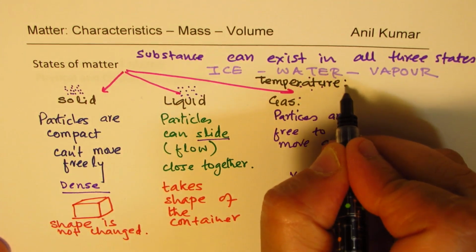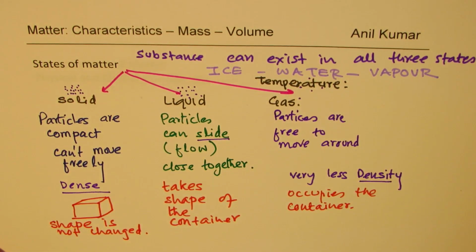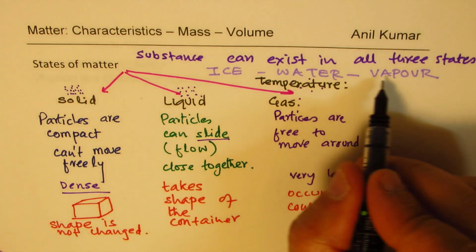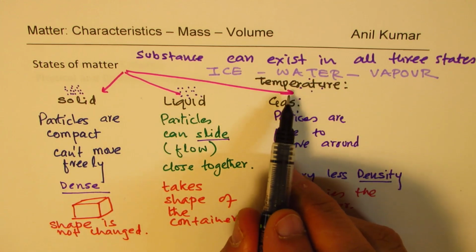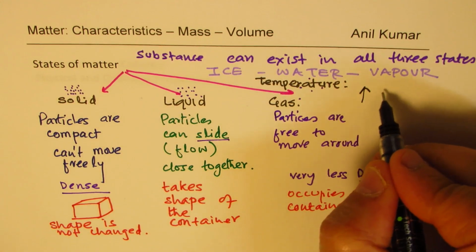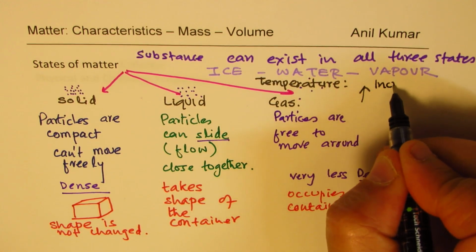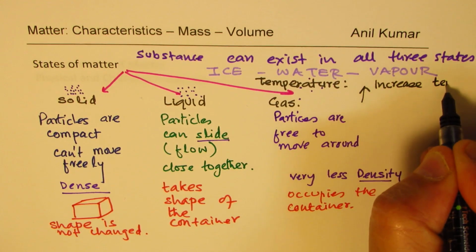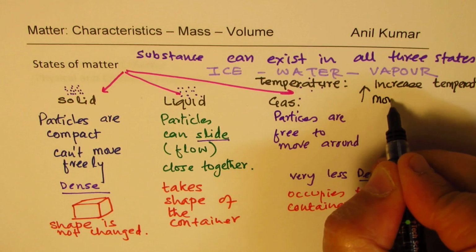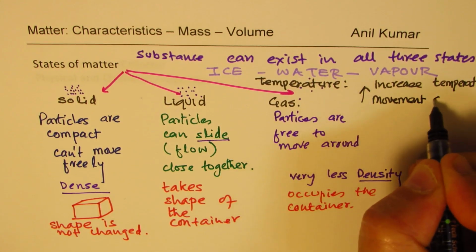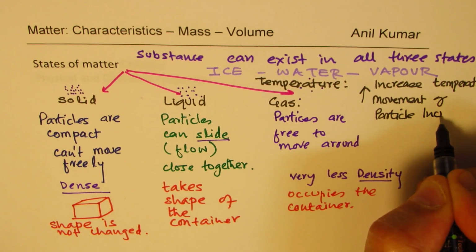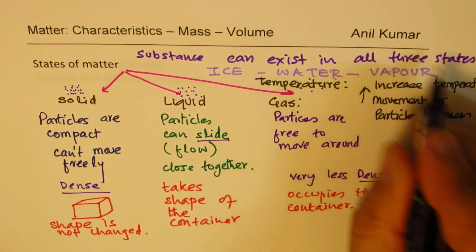So when you go through the video on properties of particles, you will understand temperature brings about this change because if you increase the temperature, particle movement increases, right? So increased temperature, movement of particle increases. So that brings about this change.